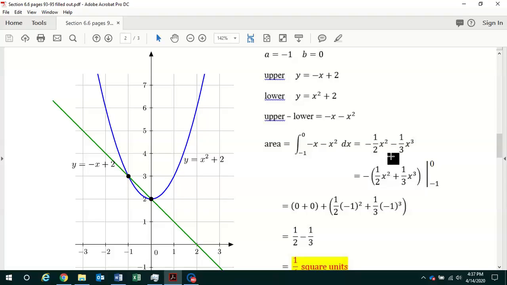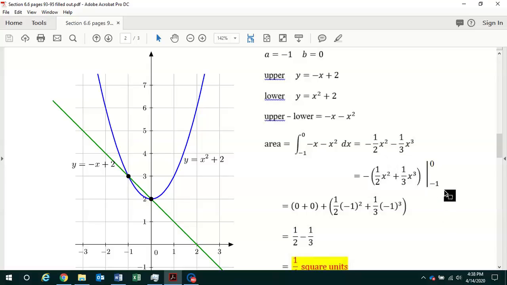To calculate the area by substituting the upper and lower limits of integration, I'm going to factor out the minus sign, which is the same as factoring out a minus 1, and I have the negative of the quantity 1/3 x cubed. I did that correctly because if you distribute the minus sign inside the parentheses, the sign of the term gets changed to minus.